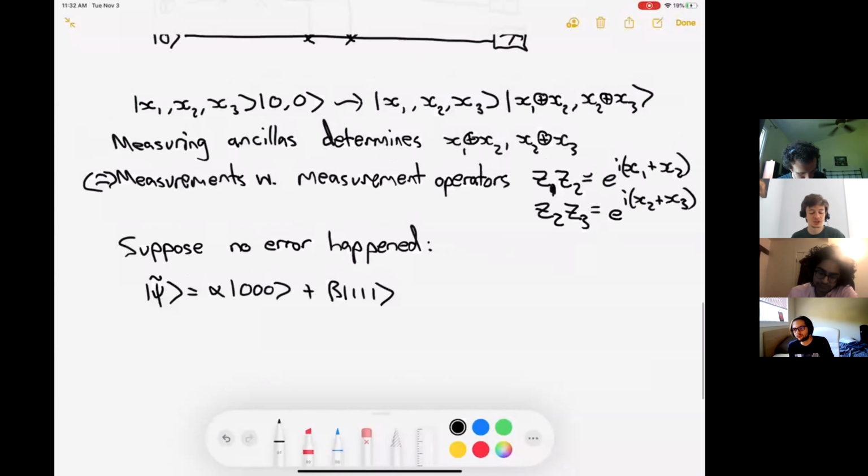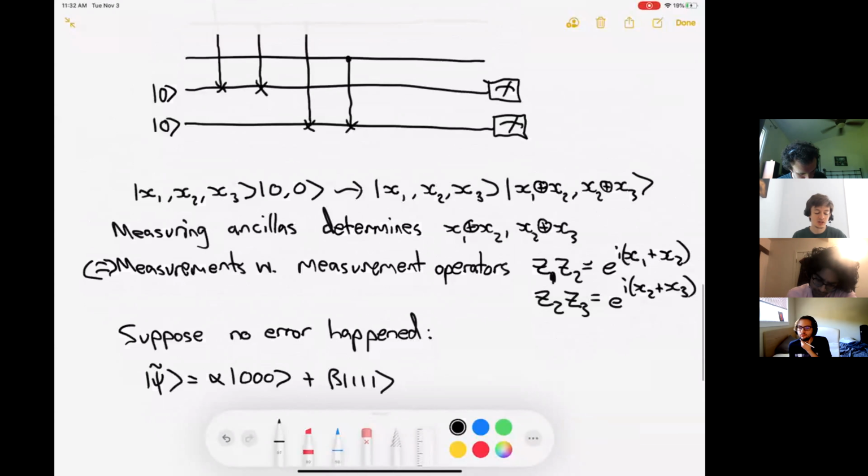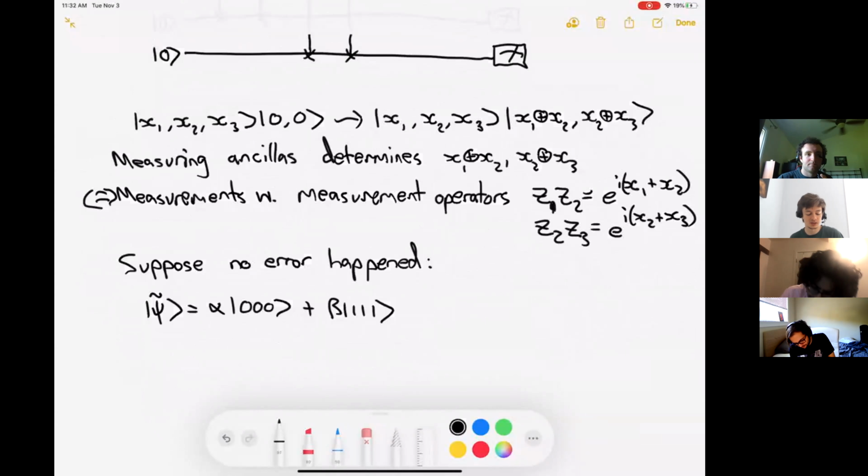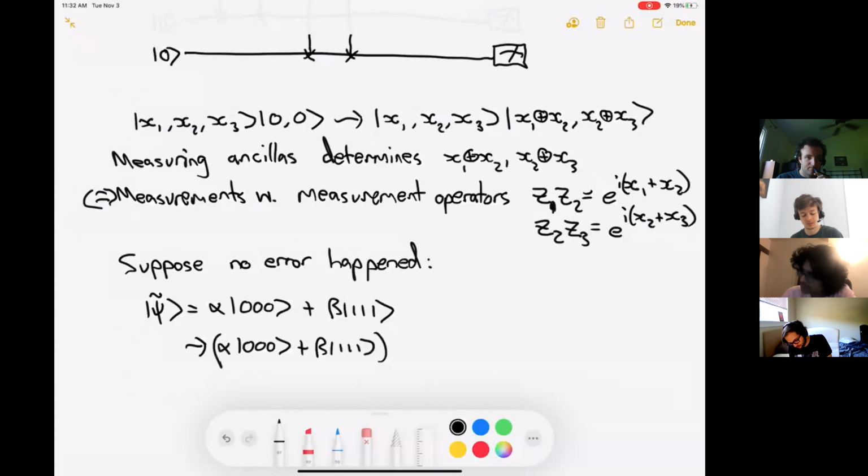So what's going to happen when we do the measurement? Well, 0, 0, 0 is going to go to all zeros. And similarly for 1, 1, 1, x1 plus x2 is going to be 0, and x2 plus x3 is going to be 0. So it's also going to go to all zeros. So the state is just going to go to the original state, psi tilde, tensor 0, 0.